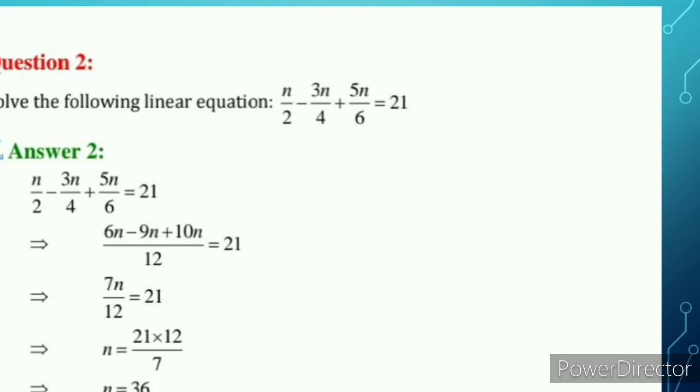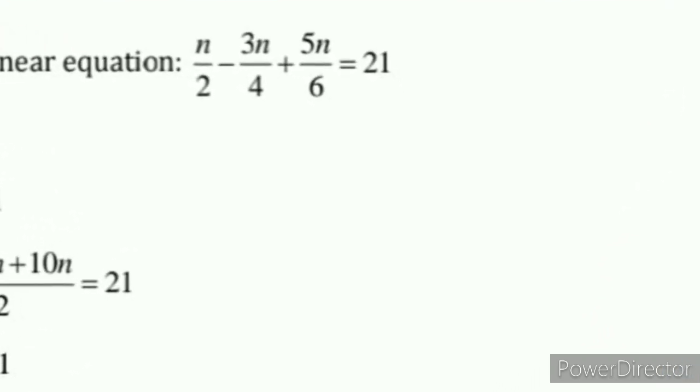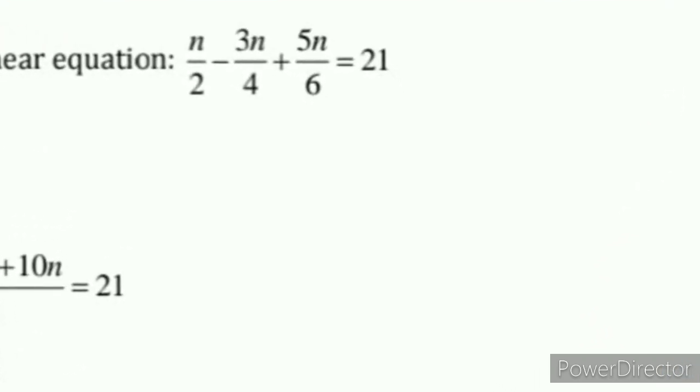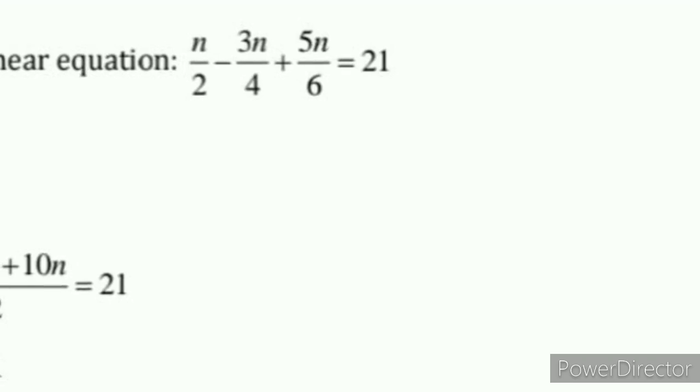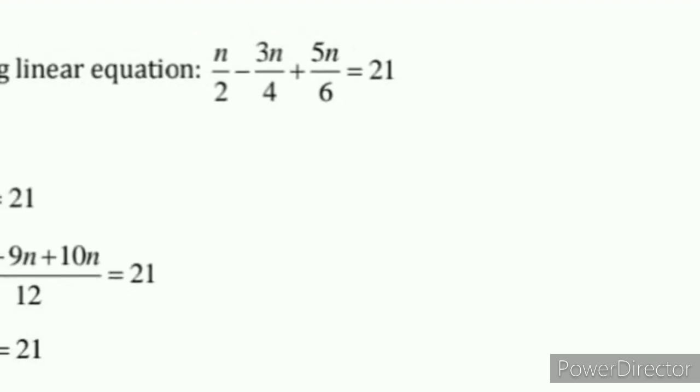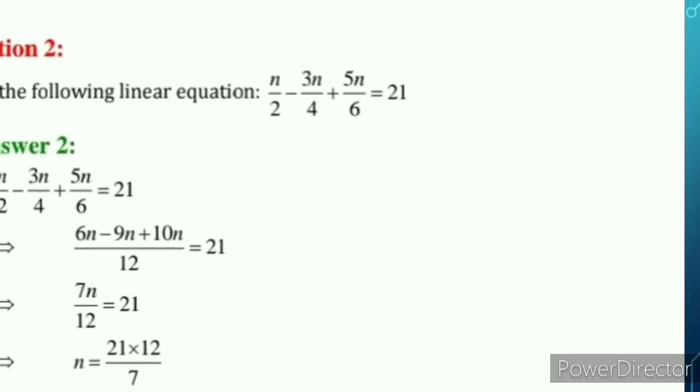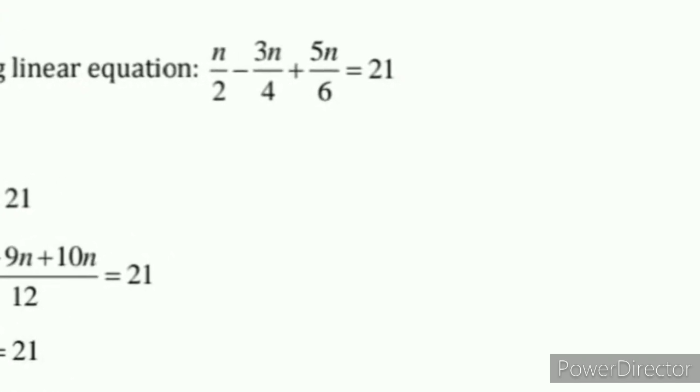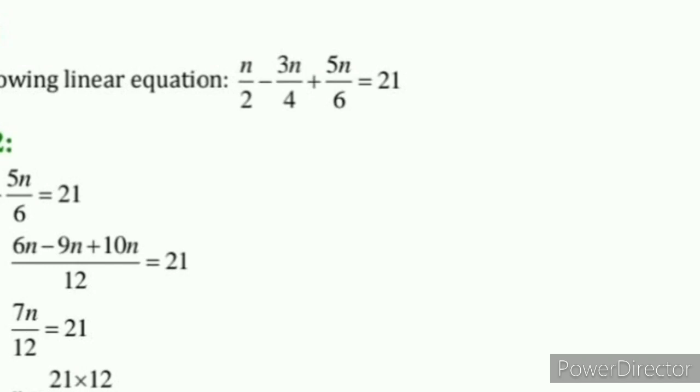See children, in this question, on the left hand side we have 3 fractions. If we have 3 fractions, better to take LCM and do. I will take LCM and simplify the left hand side fraction terms. On the right hand side we have only one number.